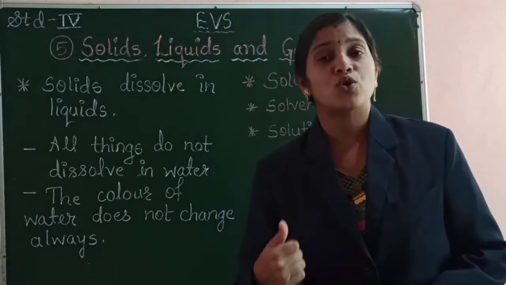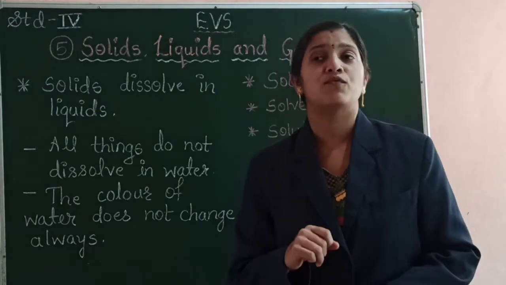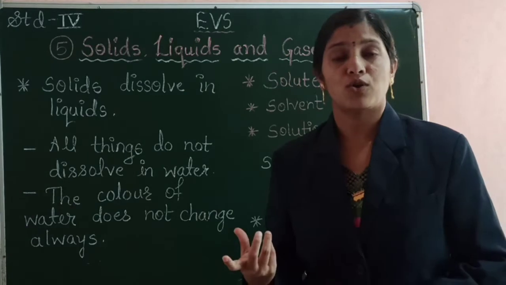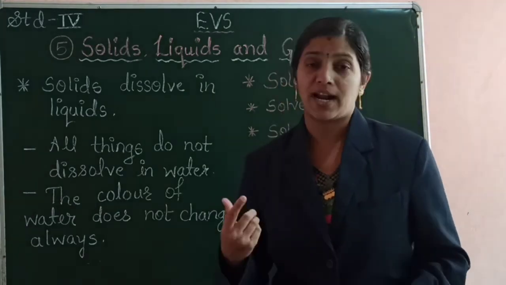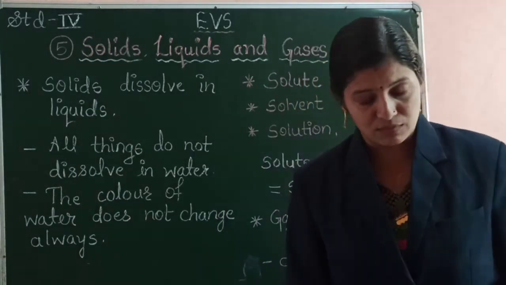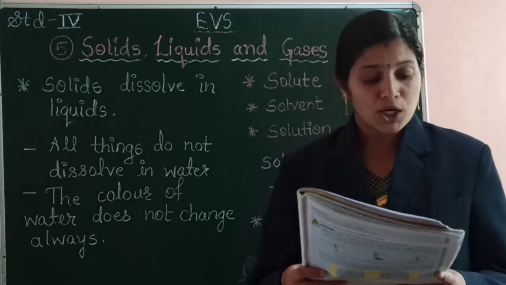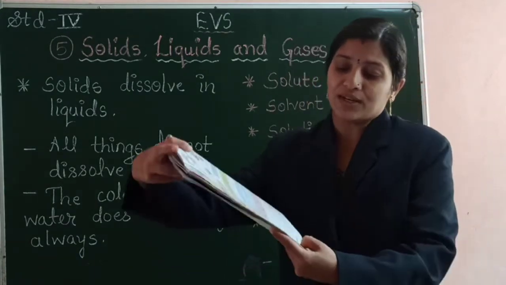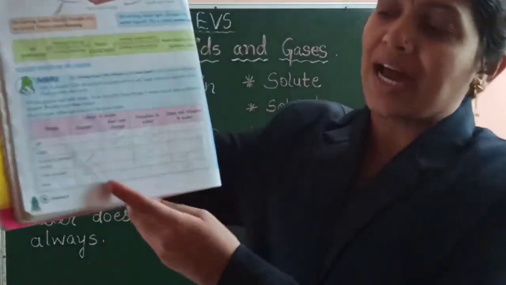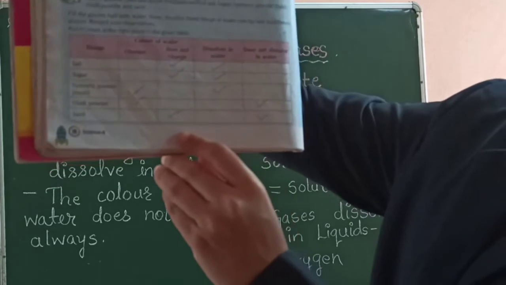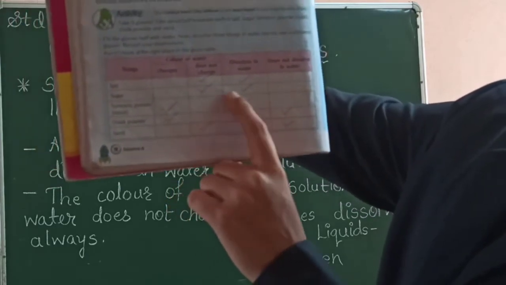You can also perform this experiment with turmeric powder, that is haldi powder. You can also take some chalk powder and perform the same activity. On page number 28 of your textbook, you can see a chart with various columns.